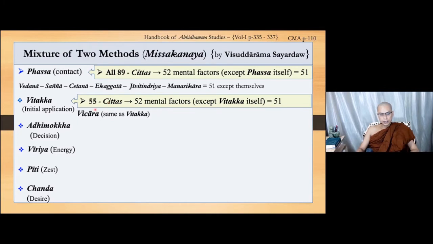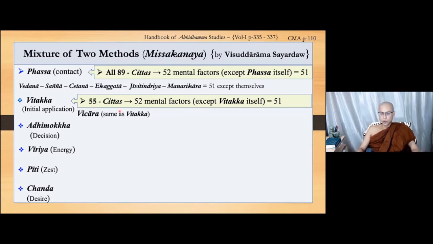So that group is a mixture of unwholesome, wholesome, resultant and functional. That's why these 55 consciousness can arise with 52 mental factors. If you check, Lobha Mula, Dosa Mula, Moha Mula all contain it.